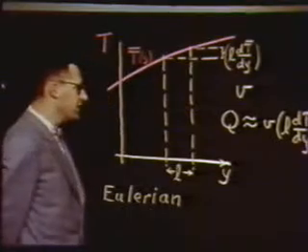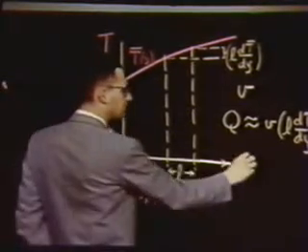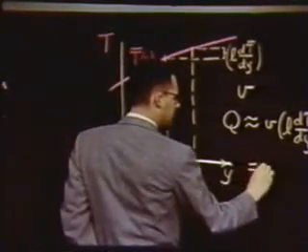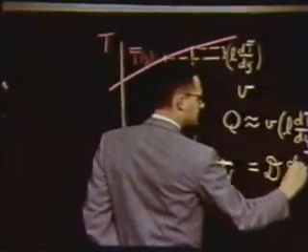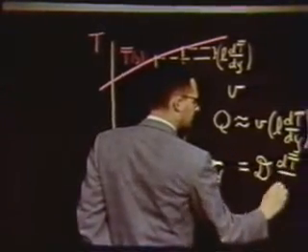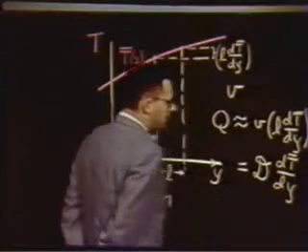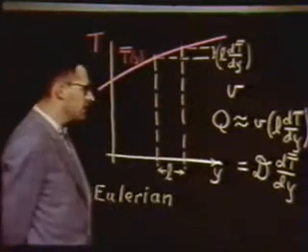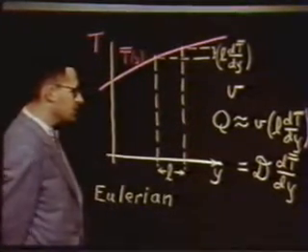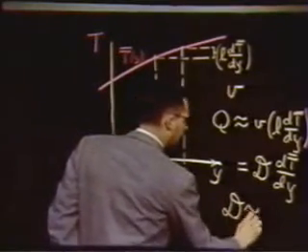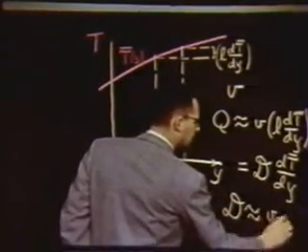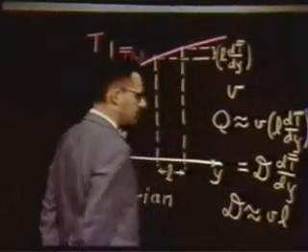In terms of a gradient transport model, in which the heat transfer rate is given by a diffusivity times the gradient, a comparison of these two expressions for the transport rate shows the diffusivity to be approximately v times L.